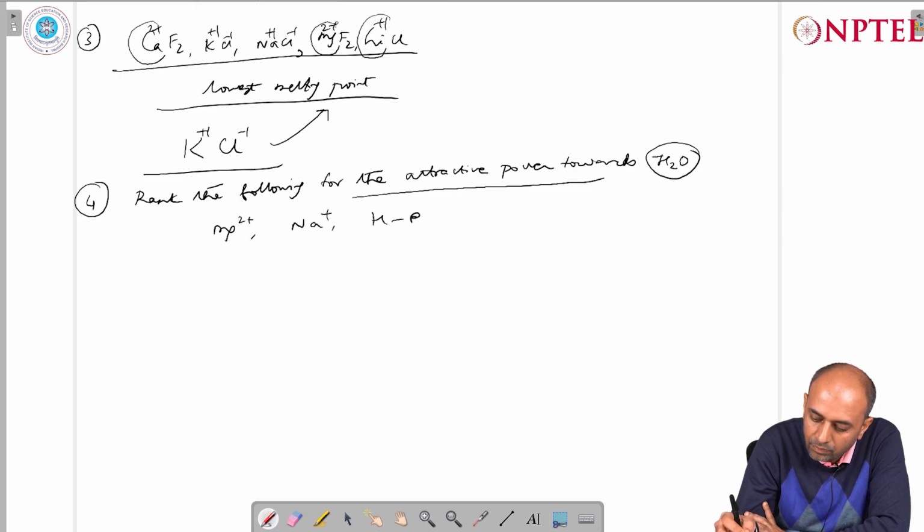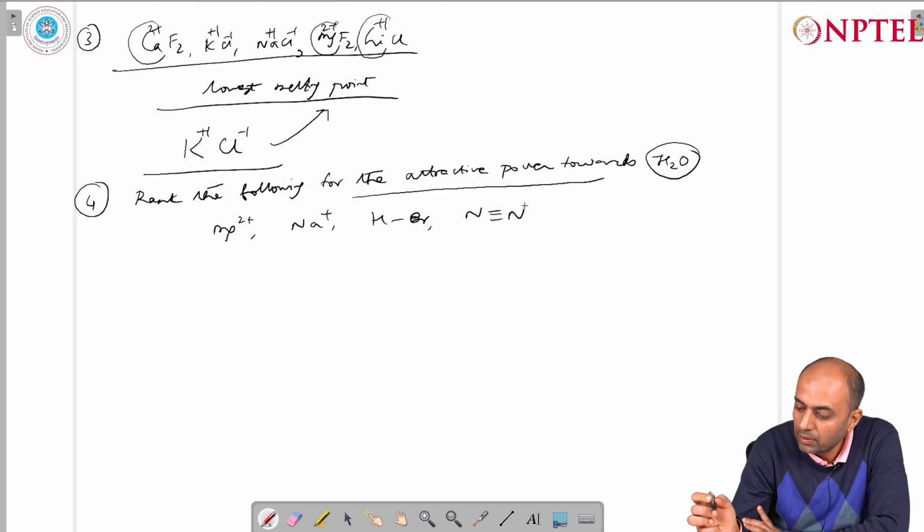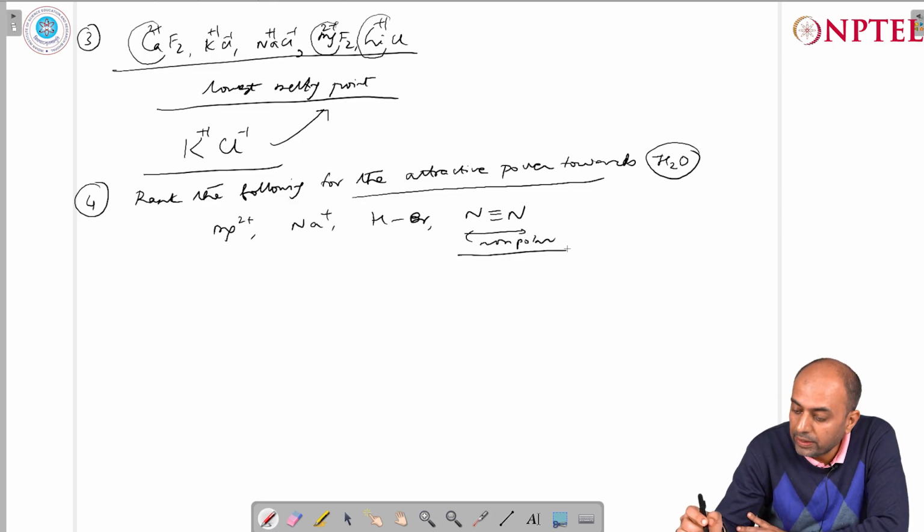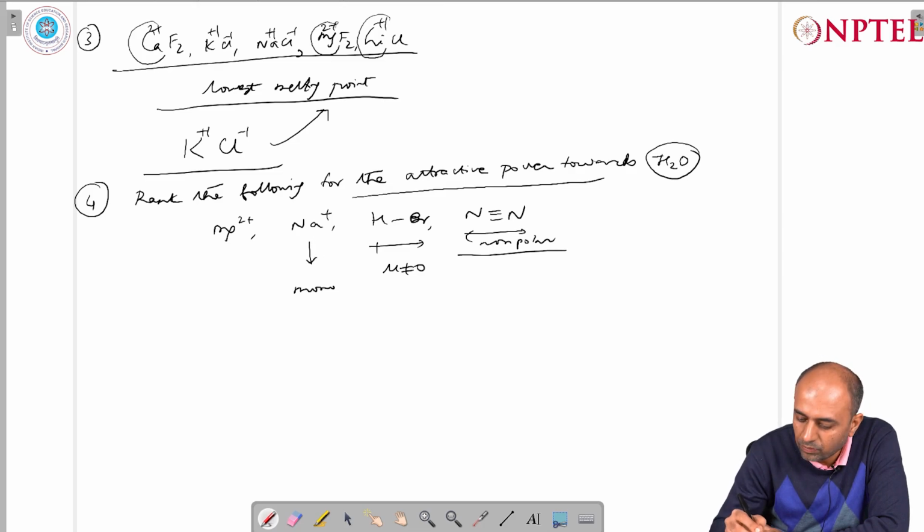sodium, HBr and nitrogen. Obviously, this is a molecule which is non-polar, covalently bonded species. This is a molecule which has got a permanent dipole moment. This is a monopositive species.